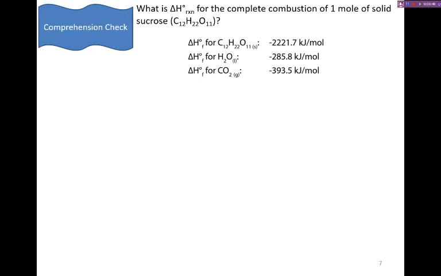Welcome back. So, again, for combustion reactions, it's expected that you should be able to draw out a chemical reaction on your own. So you should have been able to get this. You're given the enthalpies of formation for sucrose, water, and carbon dioxide. We know that for oxygen, because it's elemental, it's going to be 0.